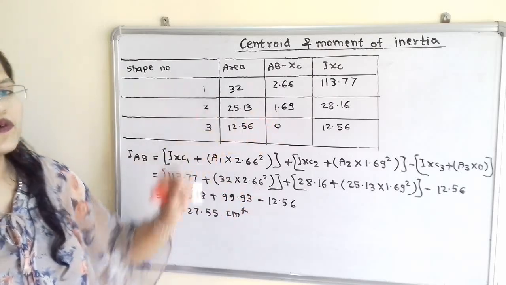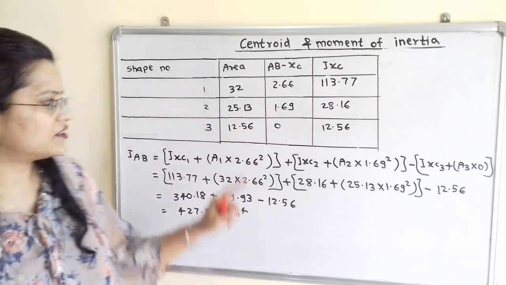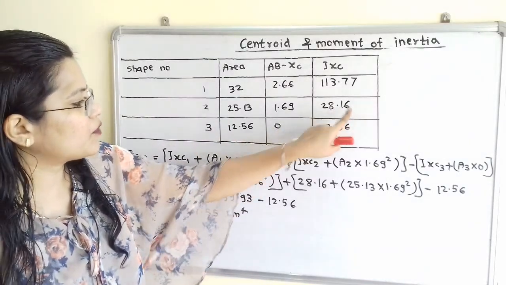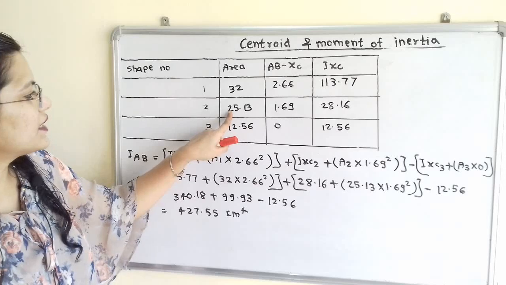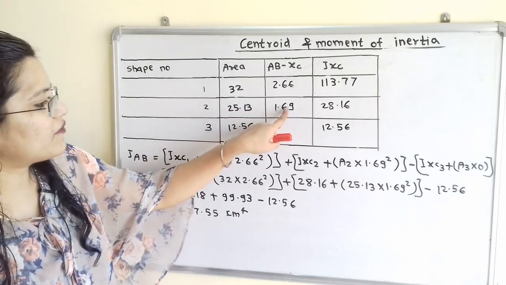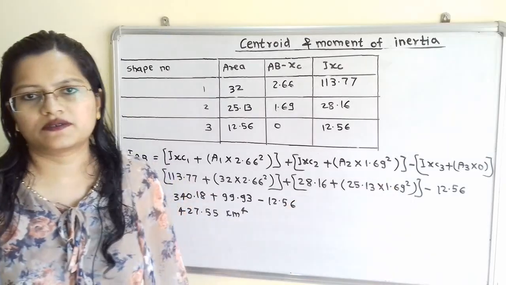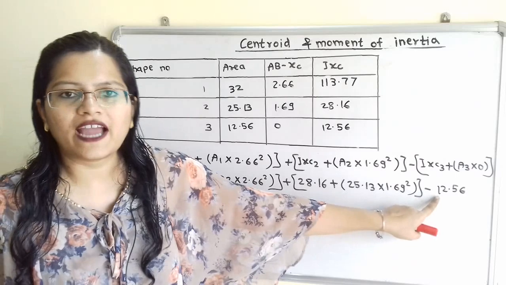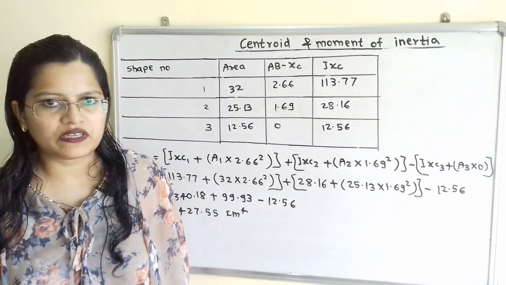Now we have to move for the next moment of inertia for shape number 2. So here Ixc2, that is 28.16 plus area A2, that is 25.13 multiplied by 1.69 square. Now for shape number 3 we have to subtract this moment of inertia.